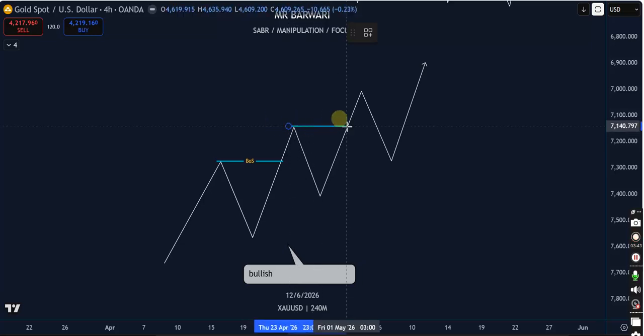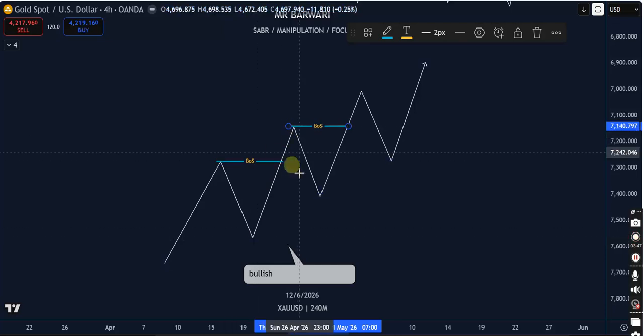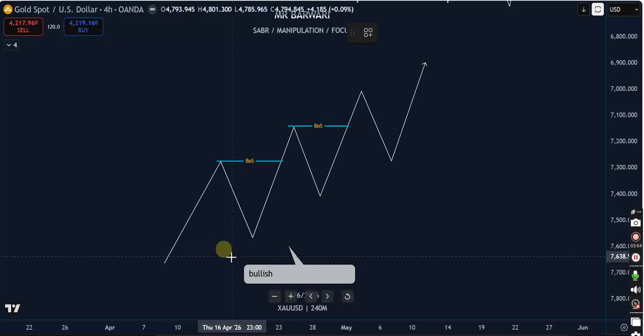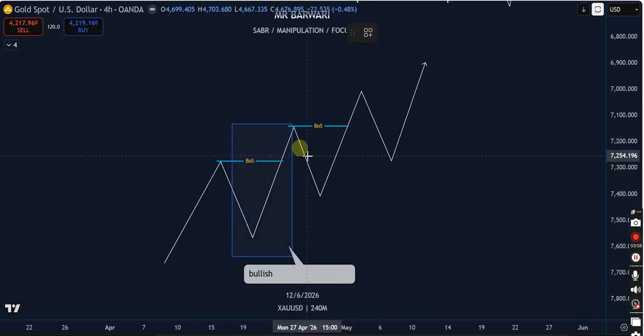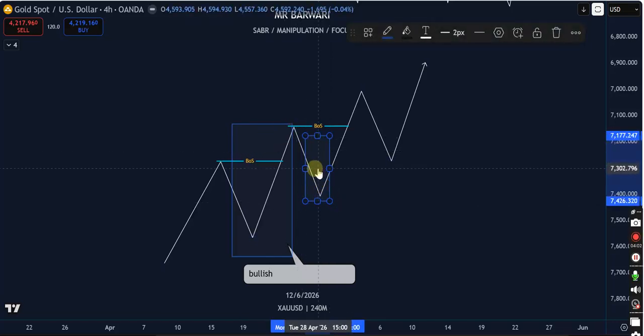It becomes a confirmed trend, and we will most likely get a third impulse. I call this impulse, and this phase the retracement. We have impulse, we have retracement, we have impulse, we have retracement, we have impulse.